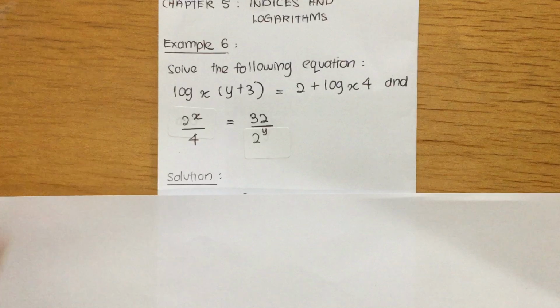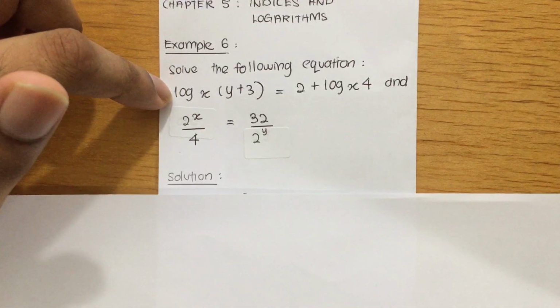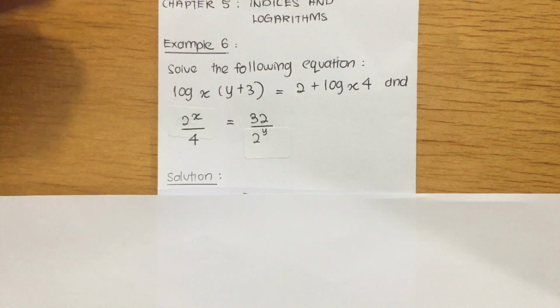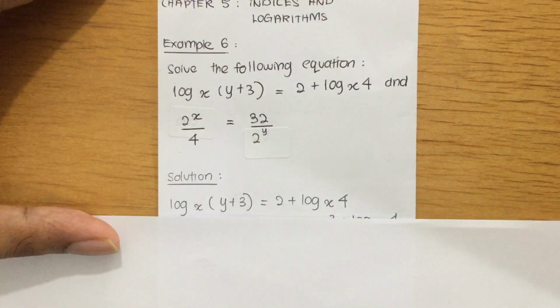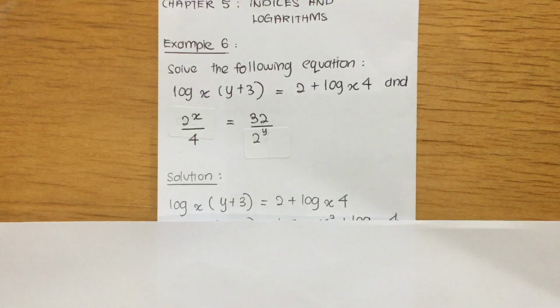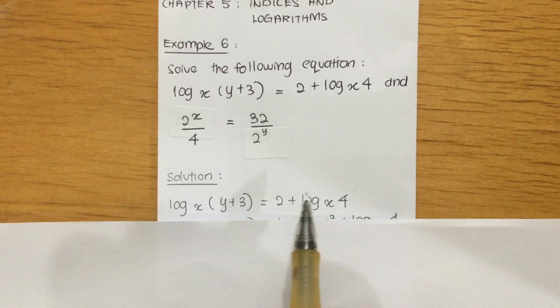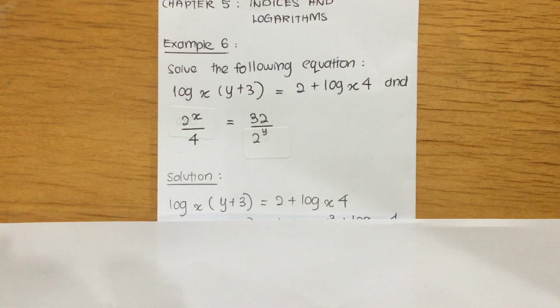So what we're going to do now is form an equation from the log x first. Since it's a simultaneous equation, the steps are going to be similar. So I'm going to show you how to solve this. In the beginning, I'm going to rewrite the whole equation here. Log y plus 3 with respect to base x equals 2 plus log 4 with respect to base x.